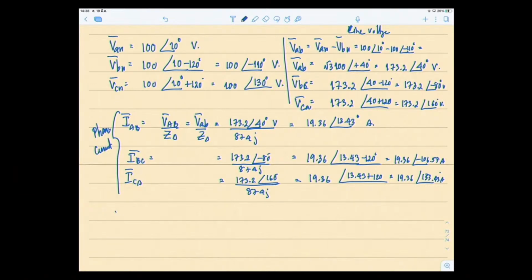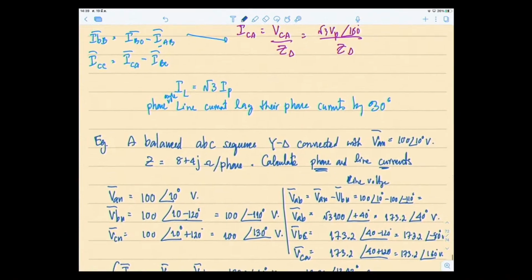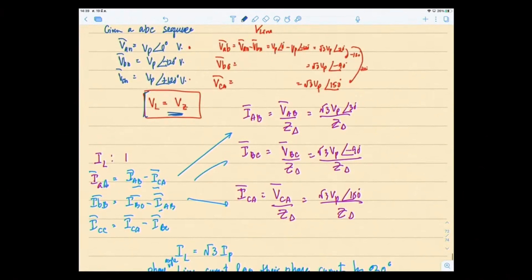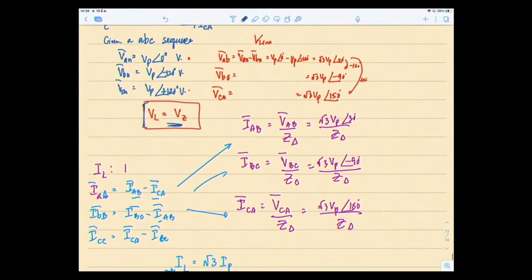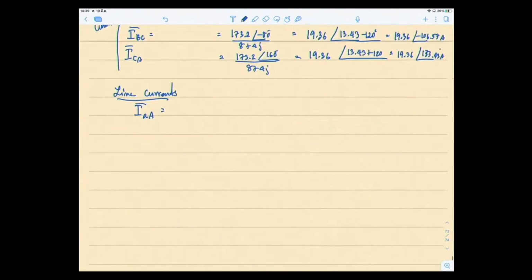Okay, next one, line current. Line currents. So IA, you can say IAA like this. If you look from your configurations, what IA is. So IA is IAB minus ICA, like this.